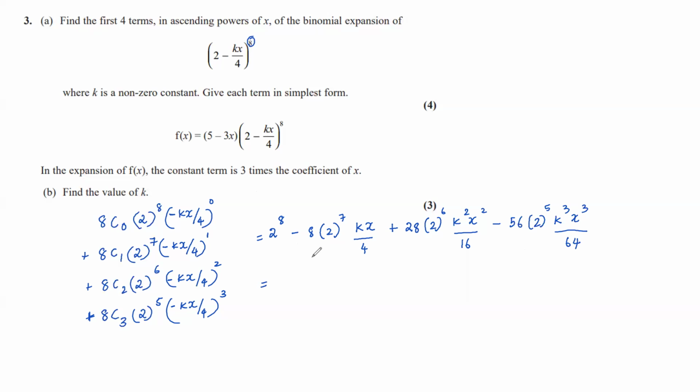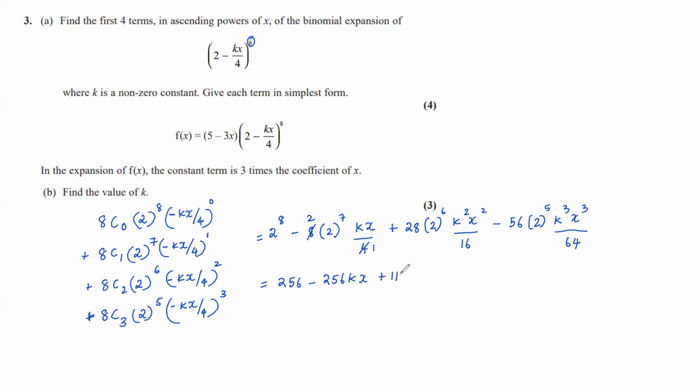2 to the power of 8 is 256, minus 8 into 2 to the power of 7 divided by 4. So 4 times 1 is 4 and 4 times 2 is 8. So 2 to the power of 7 into 2, which is 2 to the power of 8, gives you 256 itself. So 256kx. Now 28 into 2 to the power of 6 divided by 16 will give us 112.